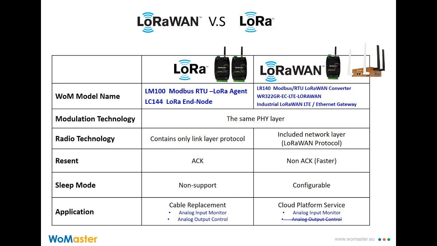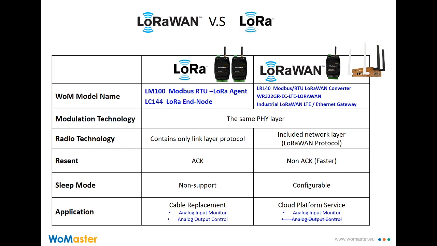WoMaster provides both LoRa and LoRaWAN devices. LoRa and LoRaWAN are based on the same PHY layer to do the modulation. In the application layer, we developed our own stack to communicate for the LoRa. As for the LoRaWAN, it follows an open standard, and now the LoRaWAN belongs to class C.